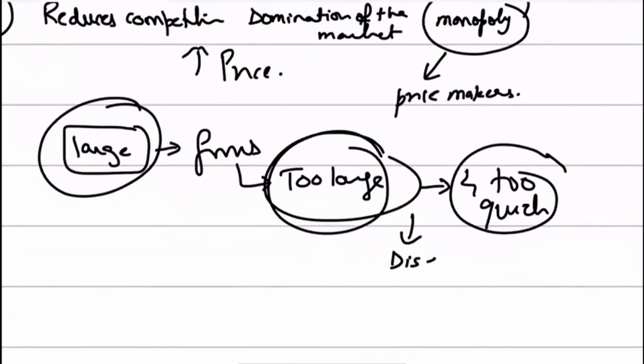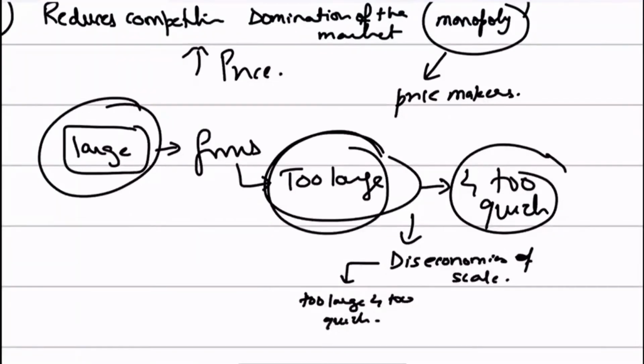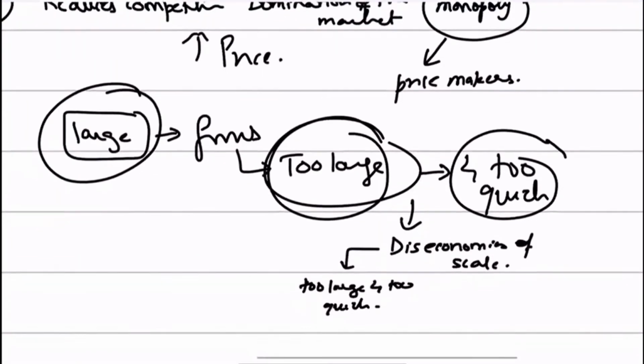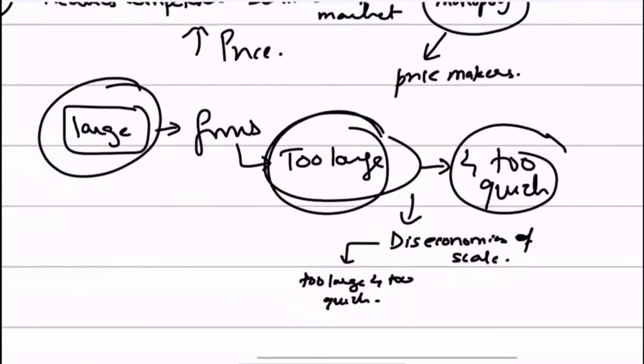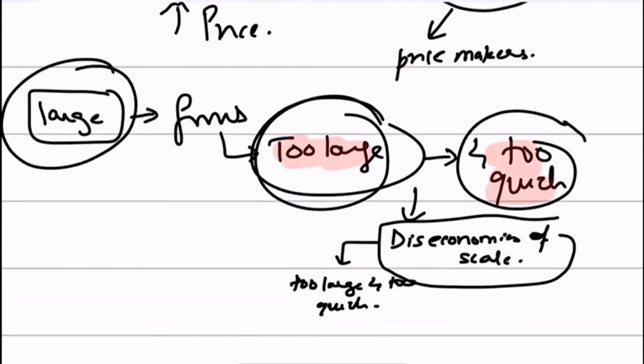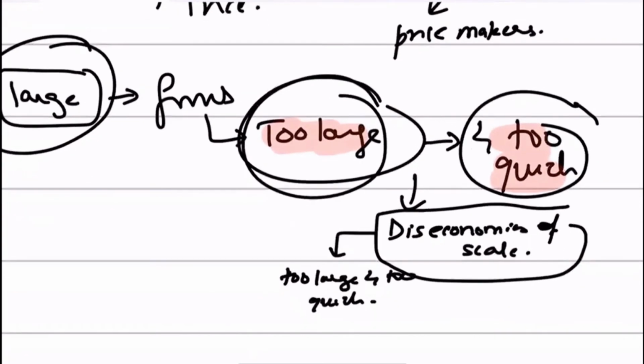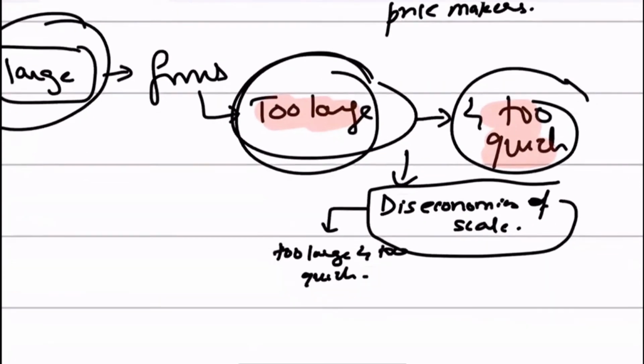Remember that diseconomies of scale always arise when firms become too large and too quick. This is the reason why diseconomies occur. And remember that diseconomies of scale is a disadvantage of growth, right? It's a disadvantage.